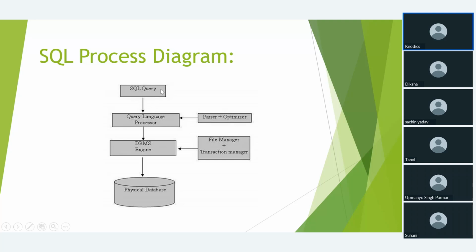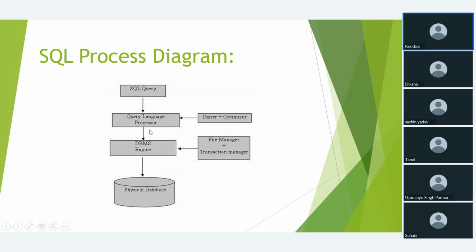From wherever the SQL query is passed, it goes to the query language processor. This query language processor first parses it and optimizes it based on the need. And then this query language processor interacts with the DBMS engine, which is going to interact with the physical database. So this is the process of this SQL program.